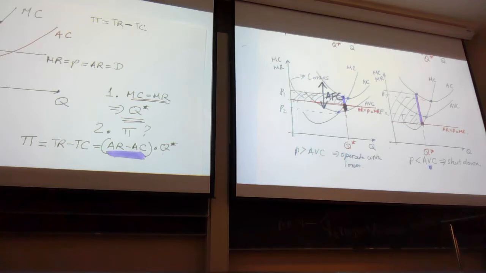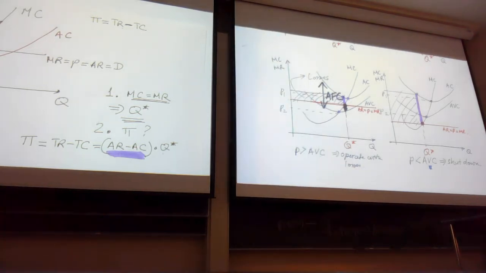So if your overall losses are $200 or $300, that's less than your total fixed cost, so operate, you see? So the condition is operate with loss as long as the price covers your variable costs. Shut down if the price does not cover that.